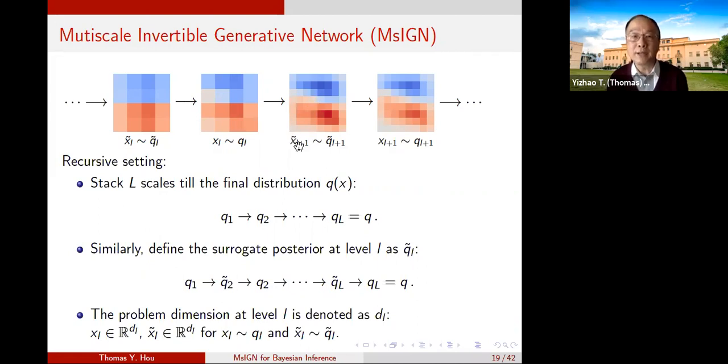You go to the L+1 level. Using this one, there's no training. The Q tilde is based on prior knowledge, and then you train the next level of the transport map. You get the updated target distribution at the L+1 level, and then keep going until you reach the final level, which is your targeted distribution, right?